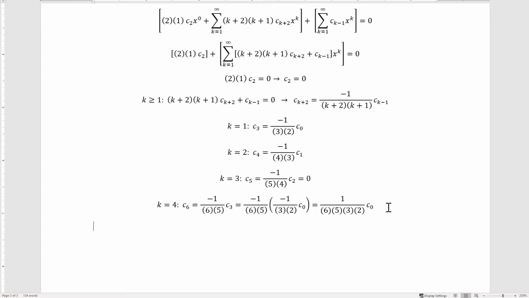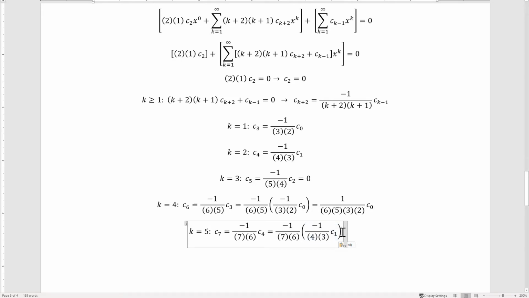So when k is equal to 5, we'll use that same relationship, and then we're going to get c sub 7. So 7 and 6 in the denominator. 7 minus 1 is 6. Oops, 7 minus 5 is what we're looking at. 7 minus 5 is 4. And we have a value for c sub 4. So let's go ahead and replace c sub 4 with the value that we got. C sub 4 is equal to something with a c sub 1.